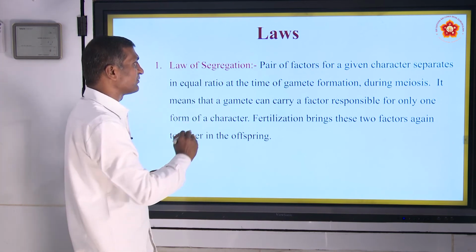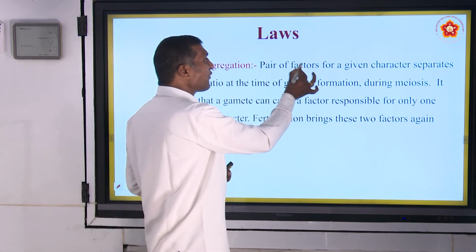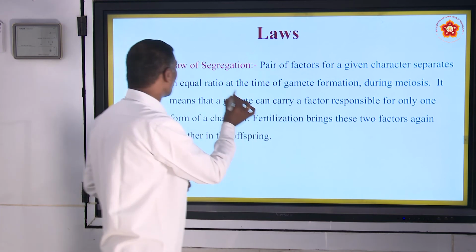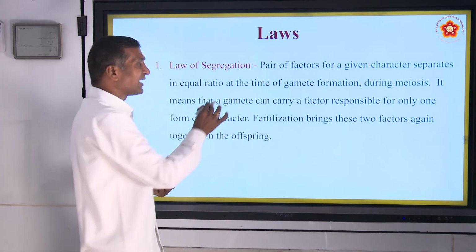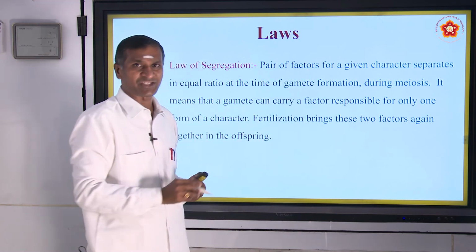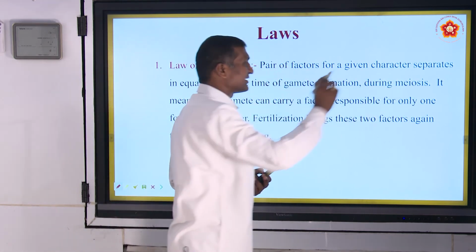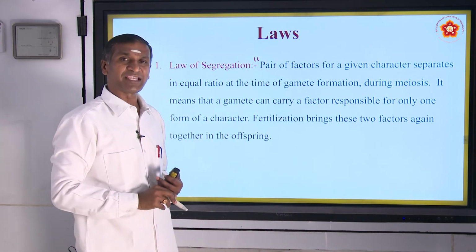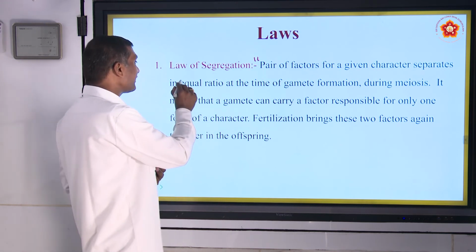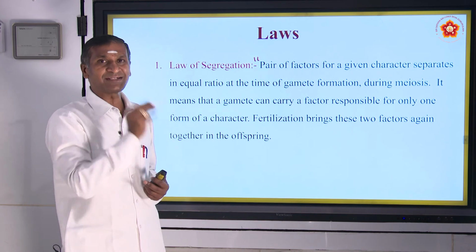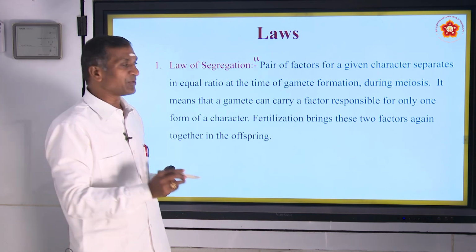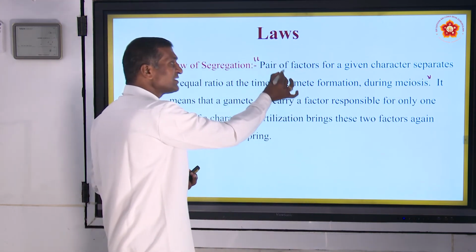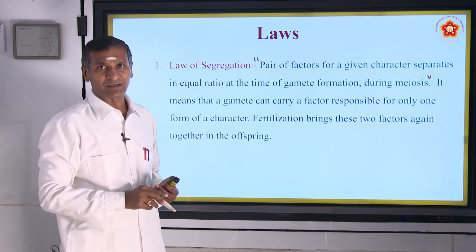So law of segregation, what it states: pair of factors for a given character separates in equal ratio at the time of gamete formation during meiosis. That's all. It means what? This much is the law. This is the explanation of the law.